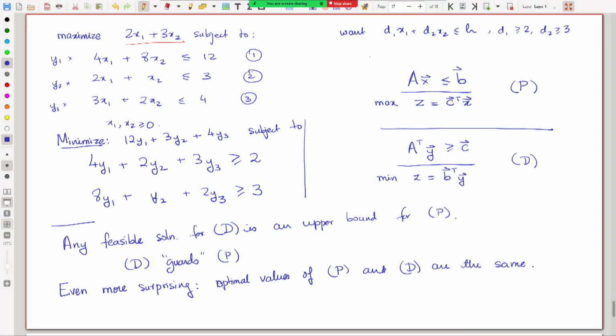So you can ask, suppose I have equations, how do I dualize? If you have equations, you could say that this is less than or equal to 12 and this is greater than or equal to 12. And the thing that is greater than or equal to 12, you could multiply by minus 1 and make it less than or equal to minus 12. So the fact that I have chosen the Ax less than or equal to b form is not really a restriction.